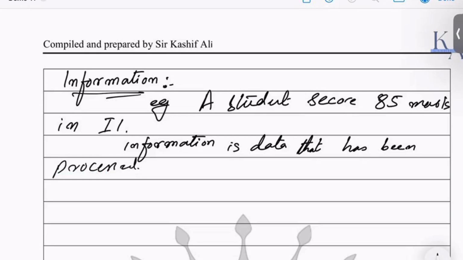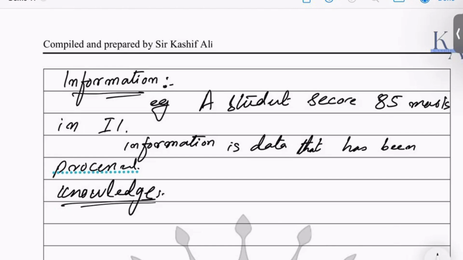Okay. Now the third part, which is very important, is knowledge. Knowledge is all about what you will do with that information. So whenever we are explaining knowledge, it is when we use the information to make a decision. Okay.